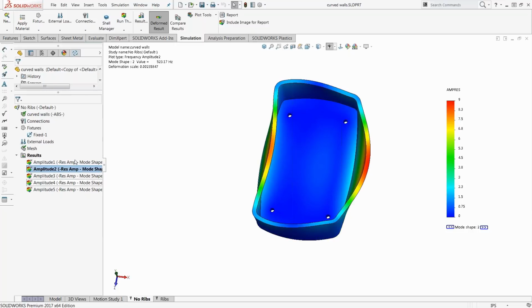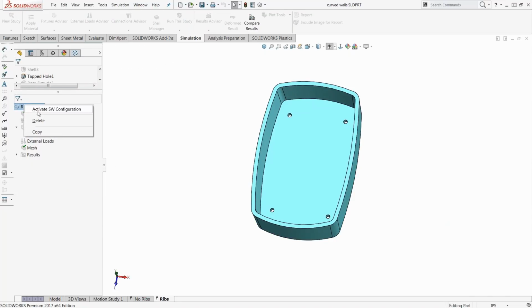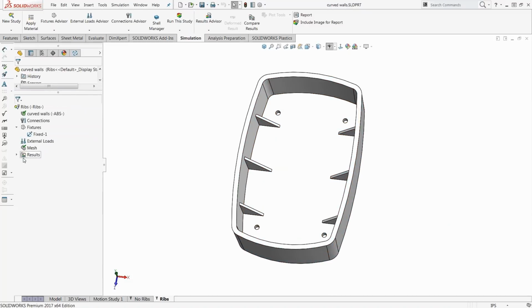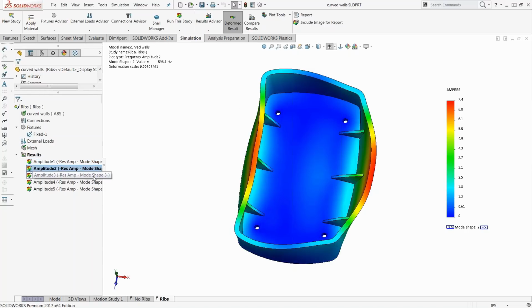The same thing, if I go ahead and add a couple of ribs on the underside, I'm going to go ahead and add 3 ribs on each side, something very small, so not adding too much weight to the structure. But now if I go ahead and look at the frequency, the first mode has increased about 10% to almost 500 Hertz.